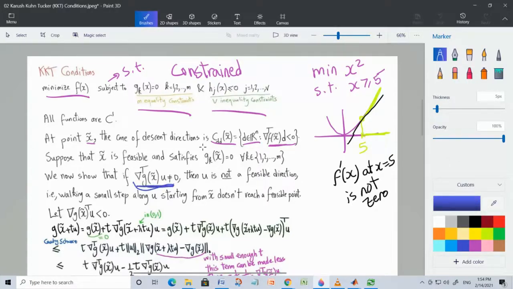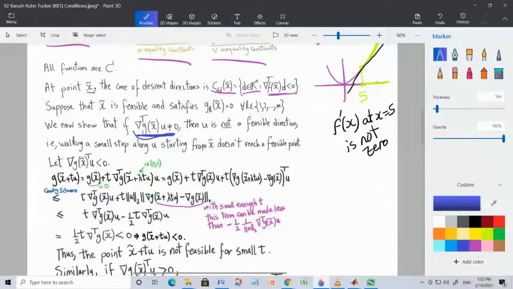Which means that if you move along direction u, even with a very, very tiny step, you will violate the constraint that the function is equal to 0. Okay, so let's show this.